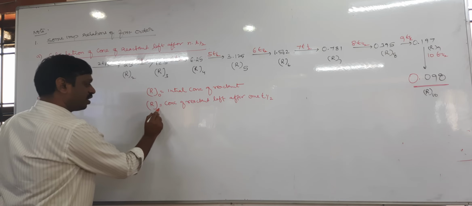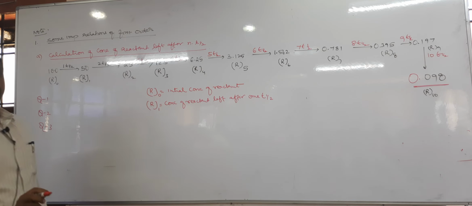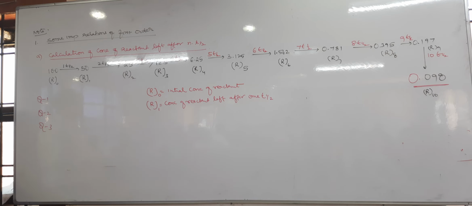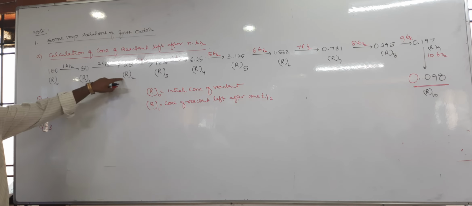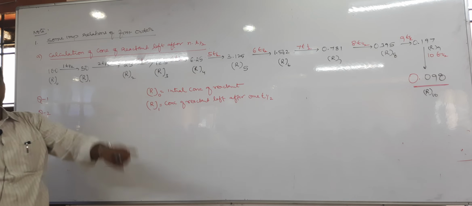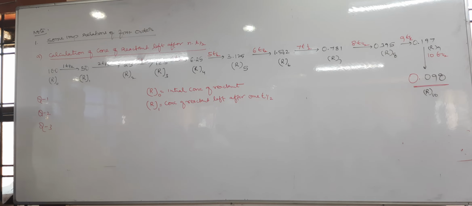Here it is 1, not 10: 1 t half. R2 means 2 t half. R3, 3, 4, 5, 6. So take quickly 1, 2, 3 questions.